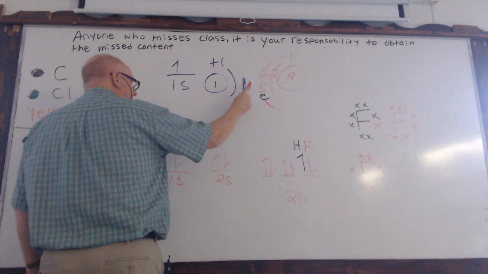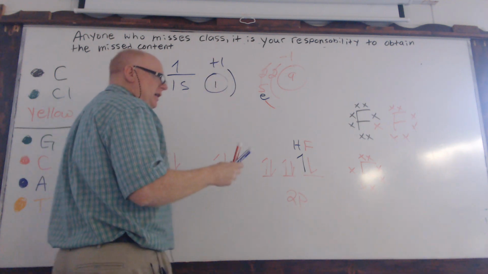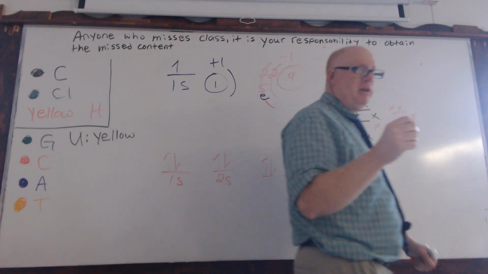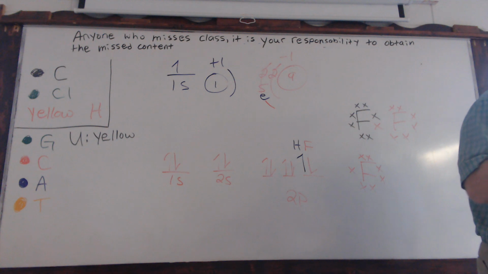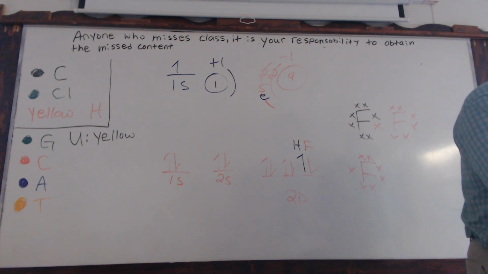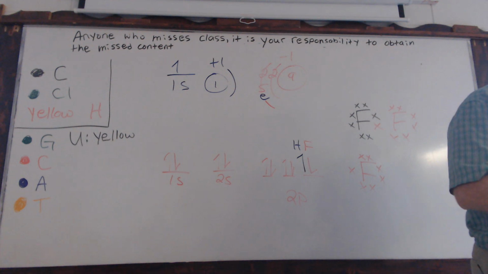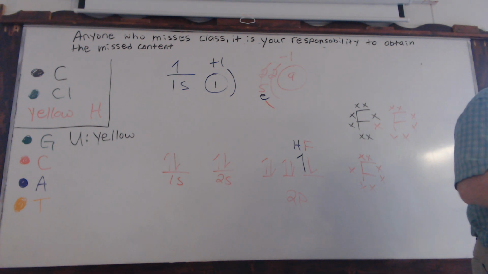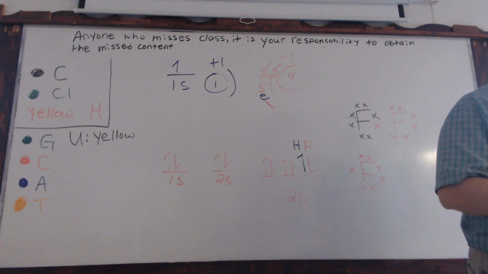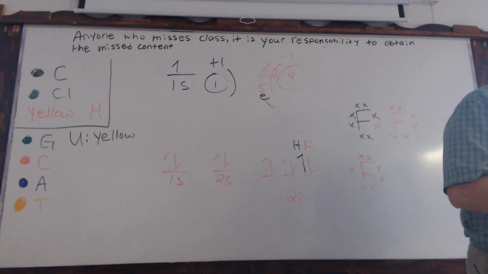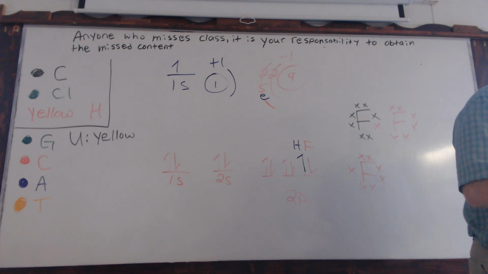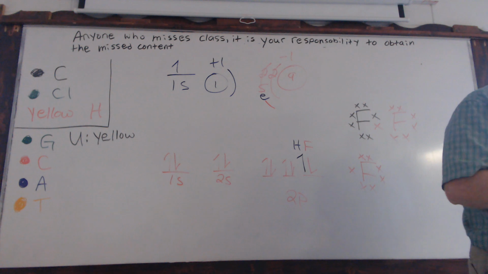The point being is that you would need to pick an element that has a +1 charge. So you're not just limited to the alkali metals. It must be something that also forms a +1 charge. Silver does that. Copper does that. Gold can do that. Okay?